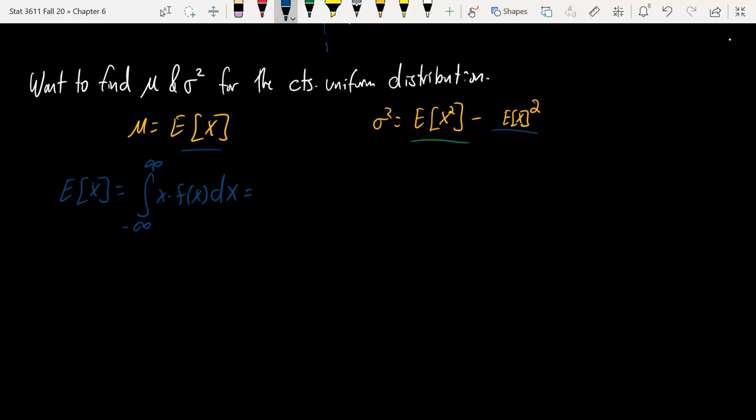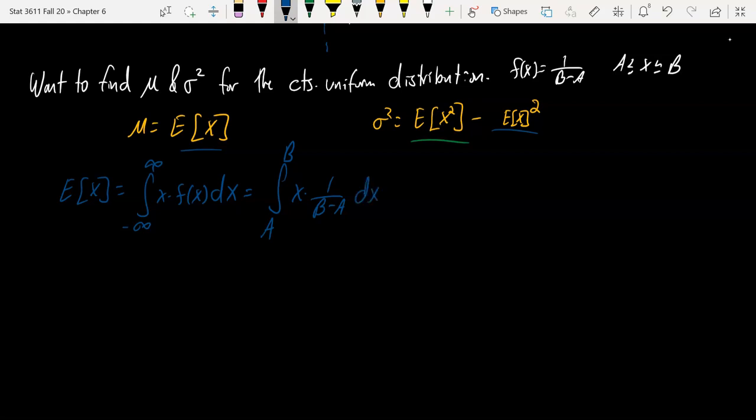So in this case, for the continuous uniform distribution, f of x equals 1 over b minus a when x is between a and b. And so this is going to be the integral from a to b of x times 1 over b minus a dx.